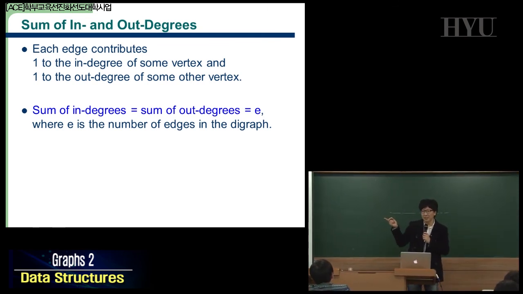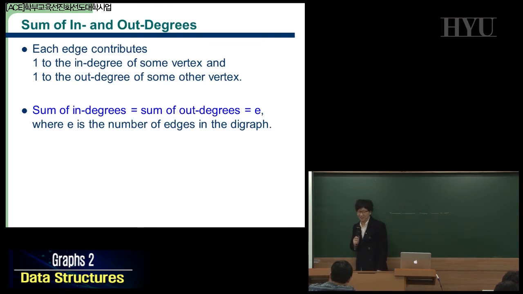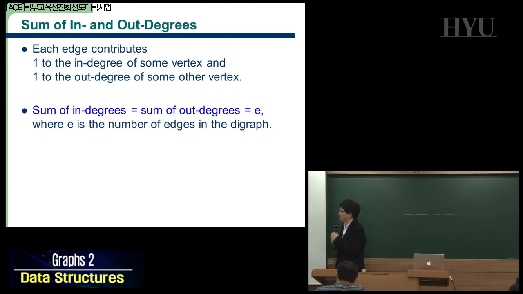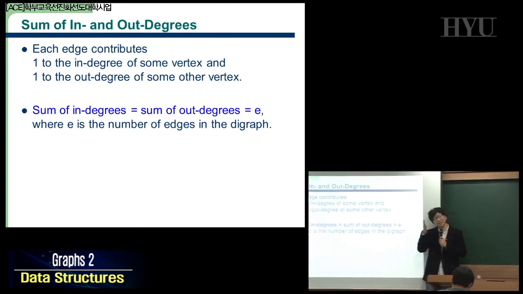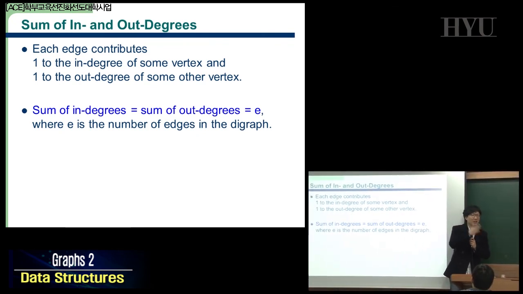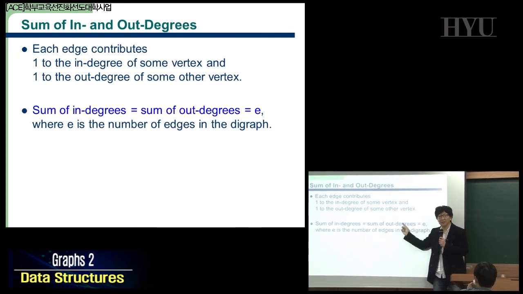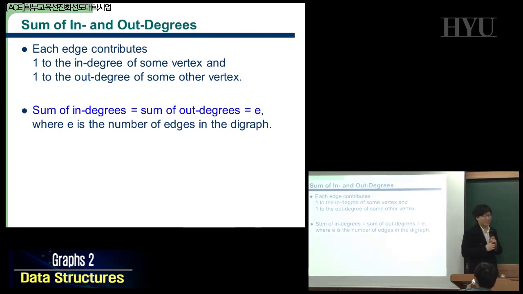Unlike the directed graph, where you're not counting twice because they divide into in degree and out degree, right? It's very simple, but as the class moves on, you can get confused quickly. So in a directed graph, the sum of the in degrees, or the sum of the out degrees, will be equal to the number of edges.